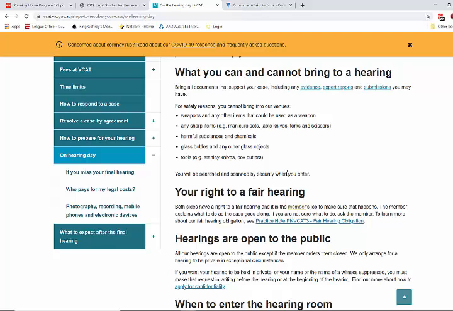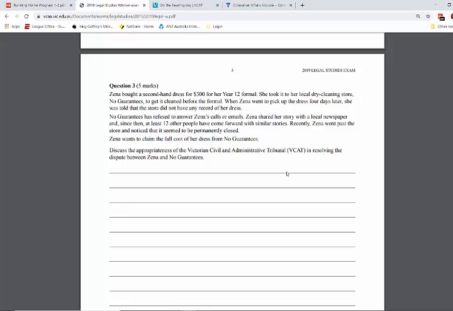So say we are Zena and we go down this VCAT pathway. We know that VCAT's actually really appropriate for Zena because it's cheap. She's a year 12 student. She's had to buy a second-hand dress, so she might not have a lot of money. It's quick. It's going to be resolved within 8 weeks if we end up at a hearing.